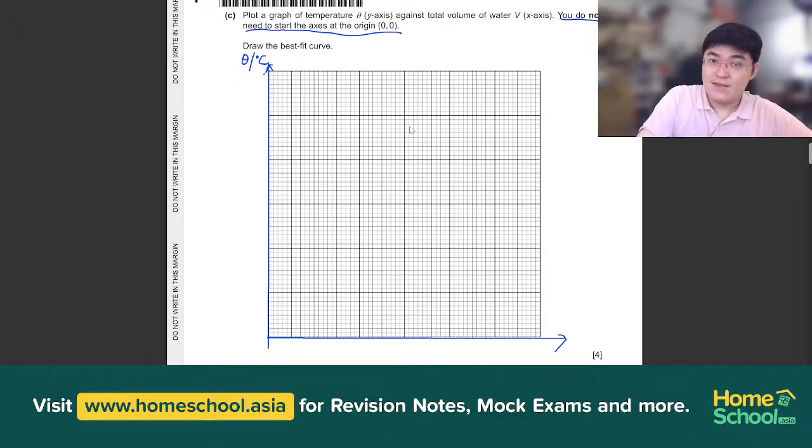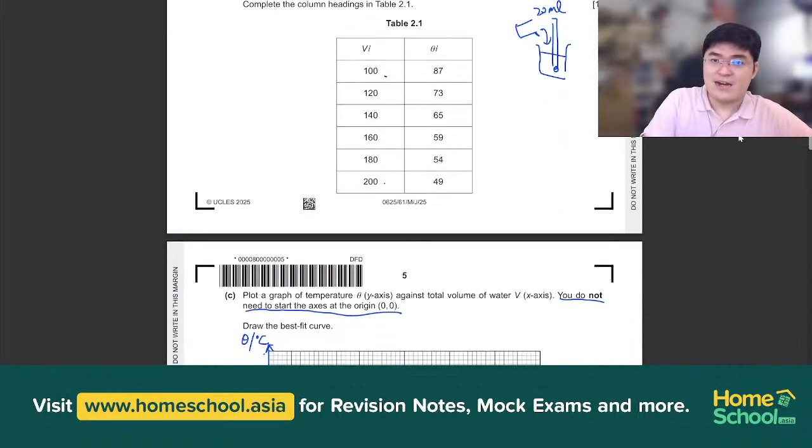Then over here on the x-axis, we have the volume of water, which is V. V should also have its units, and since it's volume, in centimeter cube, let's write cm cube.